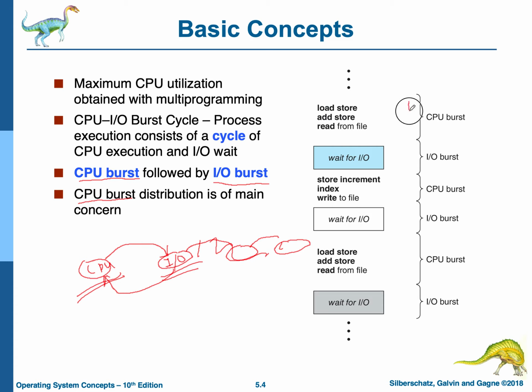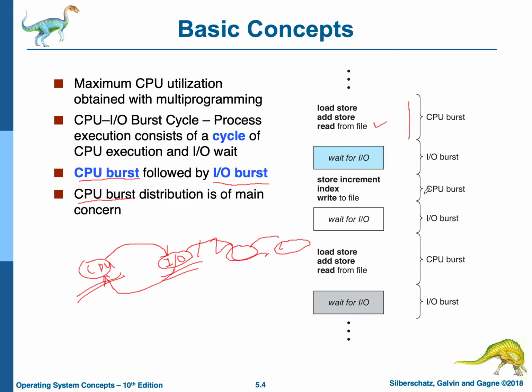Most processes are CPU bound, and some are IO bound. So this is the example we have. The system is working to read from some file. The system is working in CPU burst, while in IO burst it is waiting for some input output.